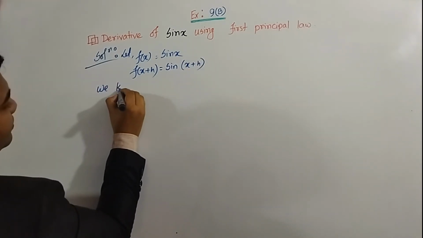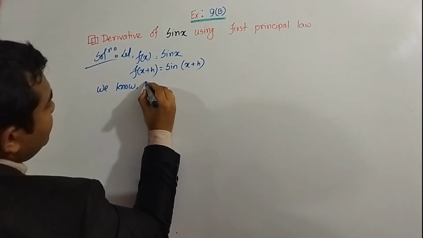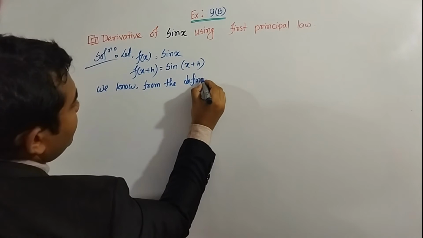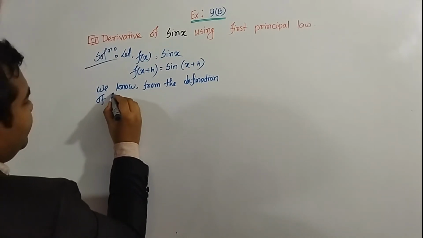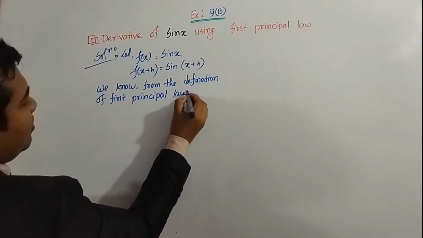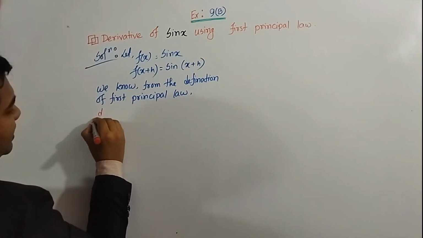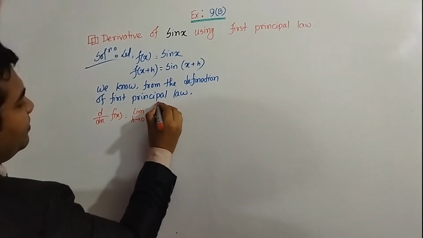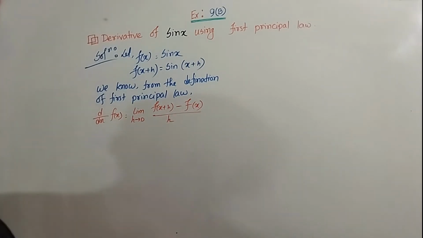And we know from the definition of the first principle law, what we know actually, d/dx of f of x equals limit h tends to 0 of f of x plus h minus f of x divided by h.